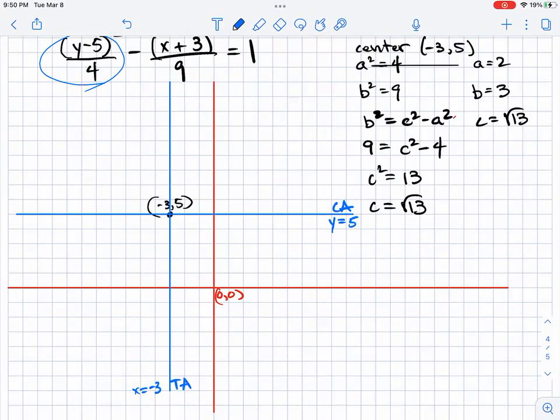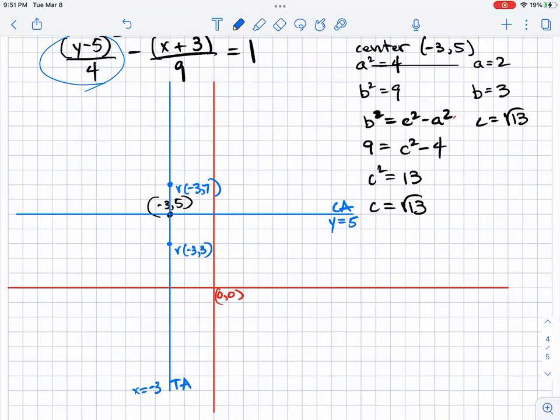Then I'm going to use my A, B, and C. My vertex is going to be 2 units up. So I'm going to have a vertex at -3, 7. I'm going to have another vertex at -3, 3. My focus is square root 13 away. Square root 13 is between 3 and 4.